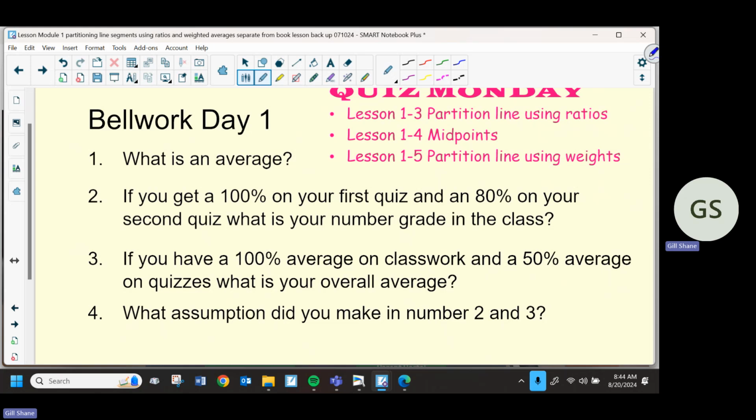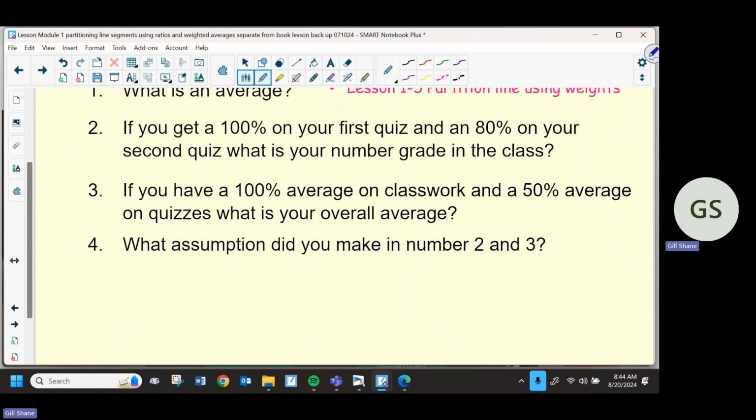If we represented it using a line segment, which is kind of where we're going, 100 was the high endpoint, 80 was the low endpoint, because those are my two scores. 90 would be exactly in the middle. It would be the midpoint.